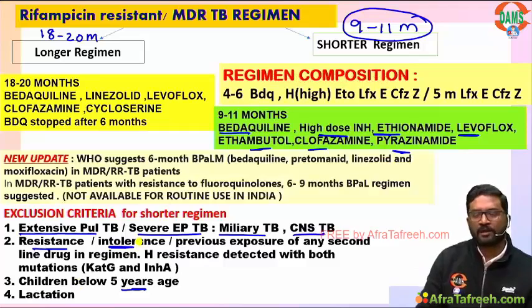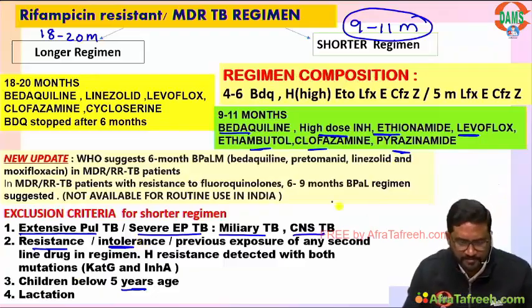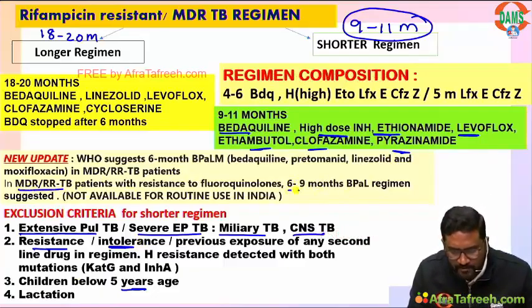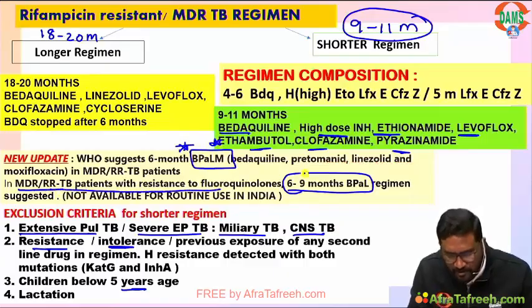Now coming to the WHO update. WHO has told that for MDR TB, you can go for a 6 month BPAL-M regimen. Whereas in pre-XDR, where you cannot give fluoroquinolones, you can go for 6 to 9 months of BPAL regimen.